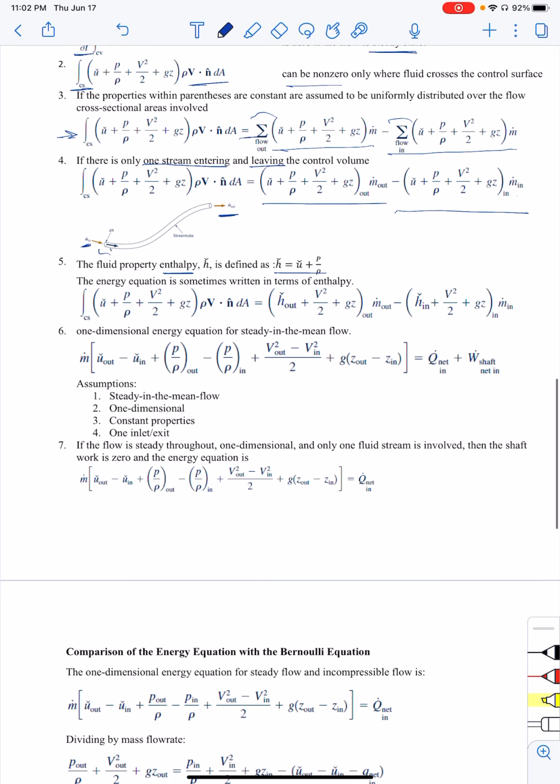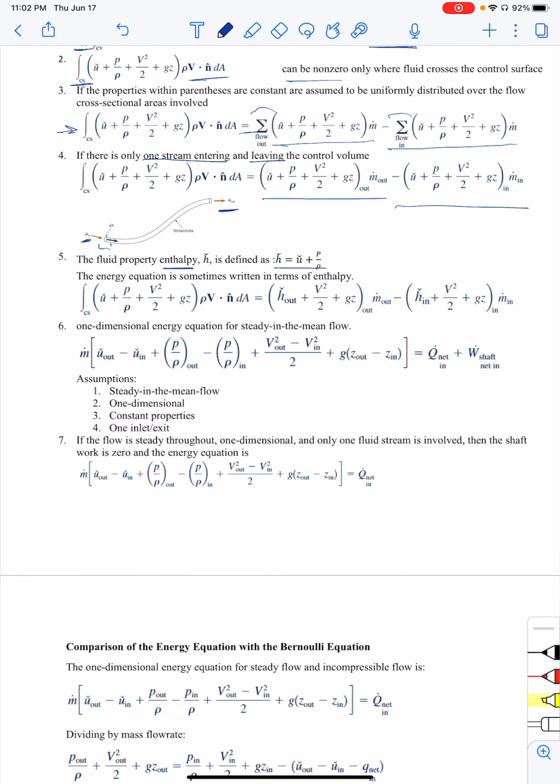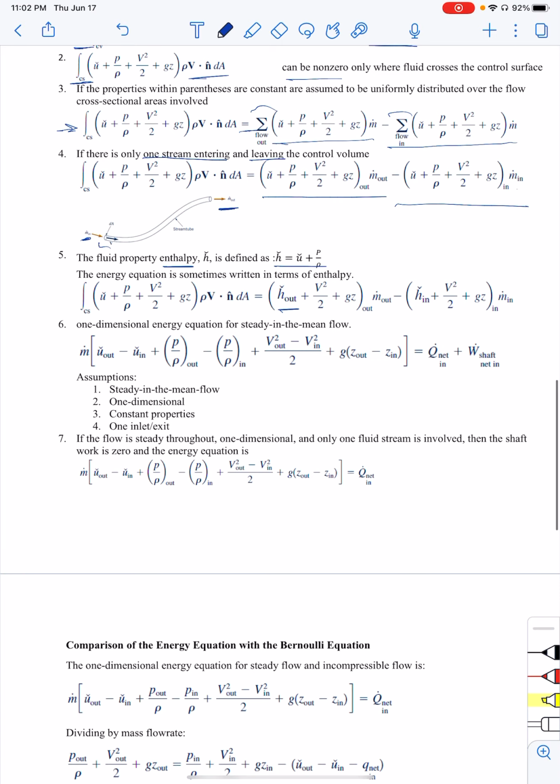And now if we use the enthalpy to show our energy equation, which we just substituted with u plus p over rho, we have this formula that is commonly used for compressible flow.